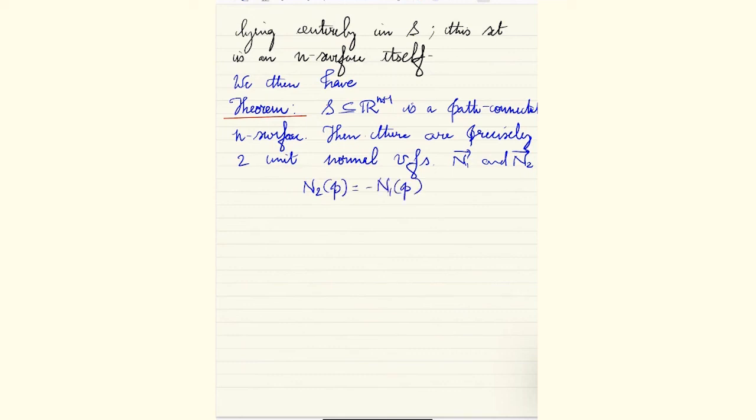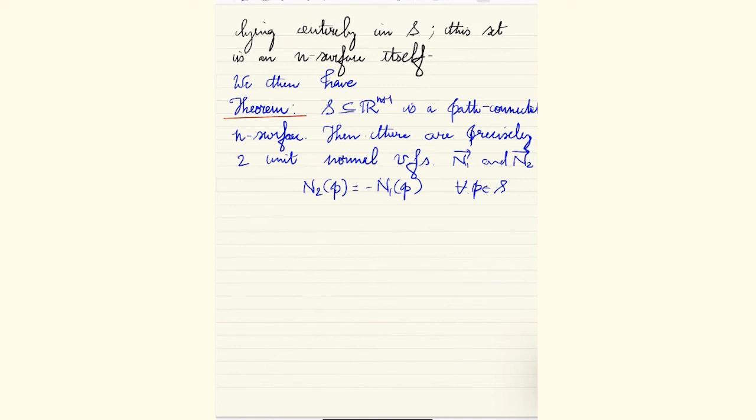Of course, this should not be surprising at all. So we are in a codimension 1 situation. The gradient vector field is non-vanishing, so the tangent space is of dimension n, so codimension 1.